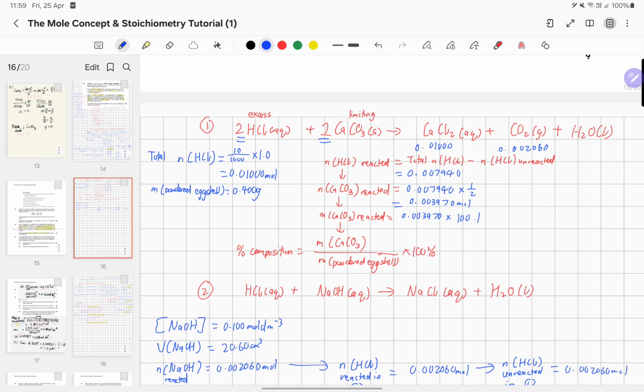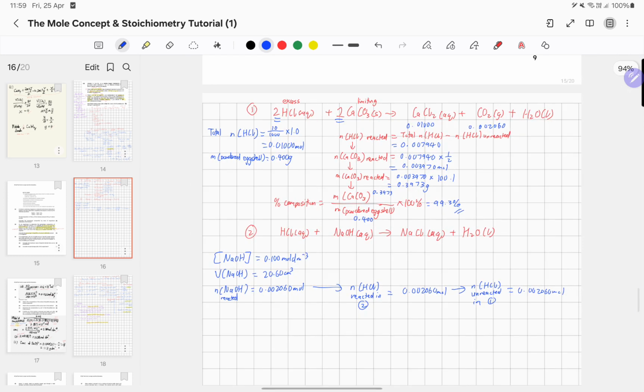This gives you 0.3973 grams. Okay, don't round off, right? And because this is 0.3973 and it's over 0.400, you multiply this by 100, you get 99.3%. Okay, and this will be your final answer.